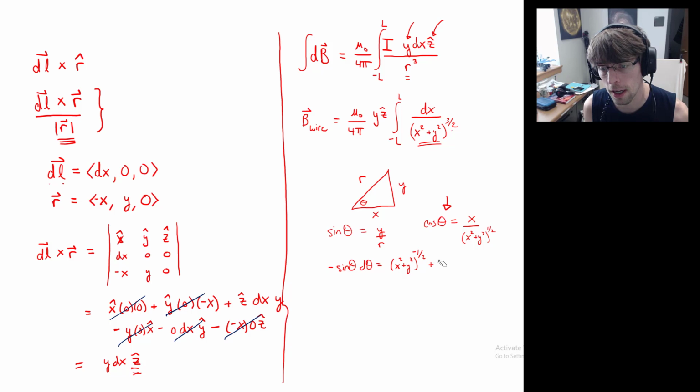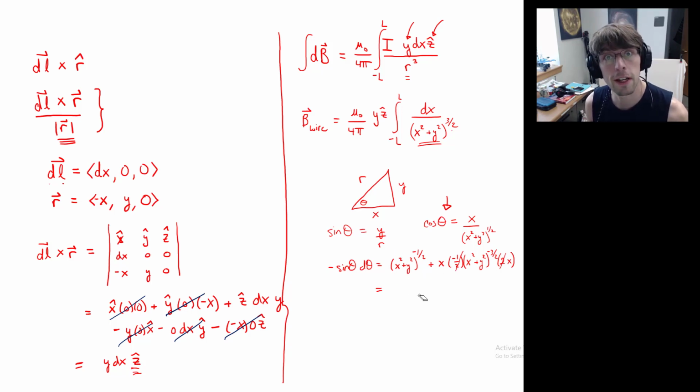Plus x times negative 1/2 times x squared plus y squared to the negative 3/2 times 2x. Keep going. The 1/2 cancels the 2.